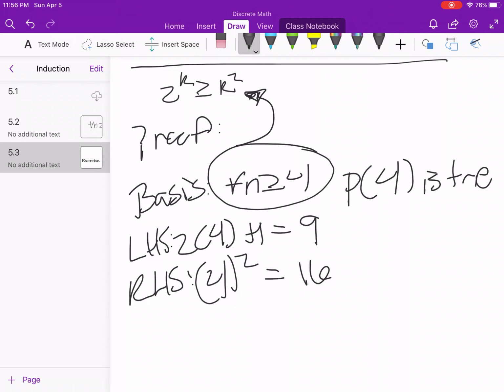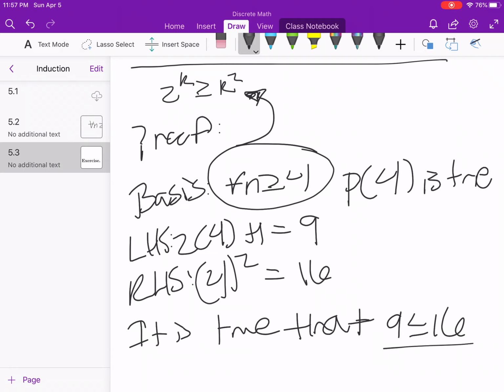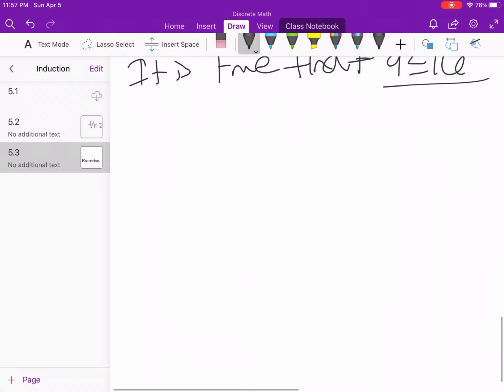And it's true that 9 is less than or equal to 16. So the basis step is true. It's true when n is 4.